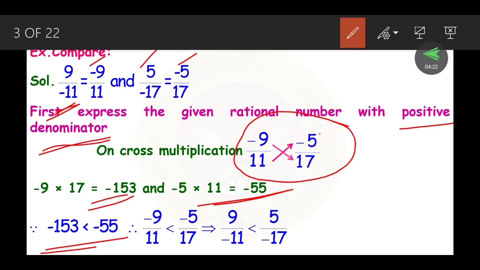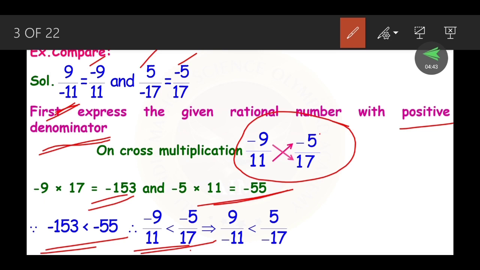Why? For negative integers, the greater the number, the lesser the value. So minus 153 is less than minus 55. So the given fraction minus 9 by 11 is less than minus 5 by 17.